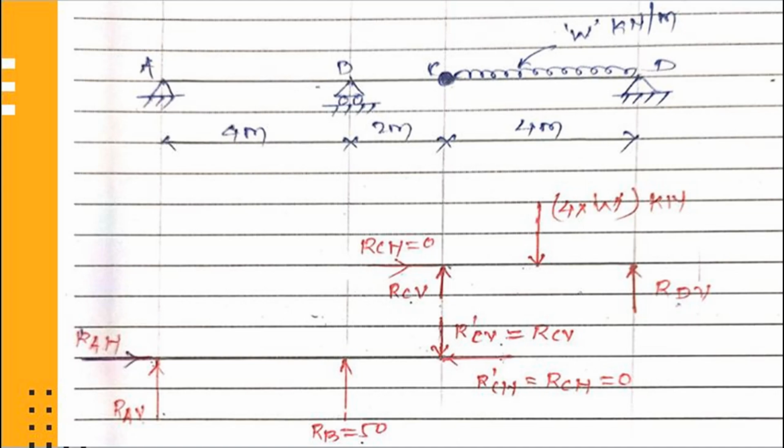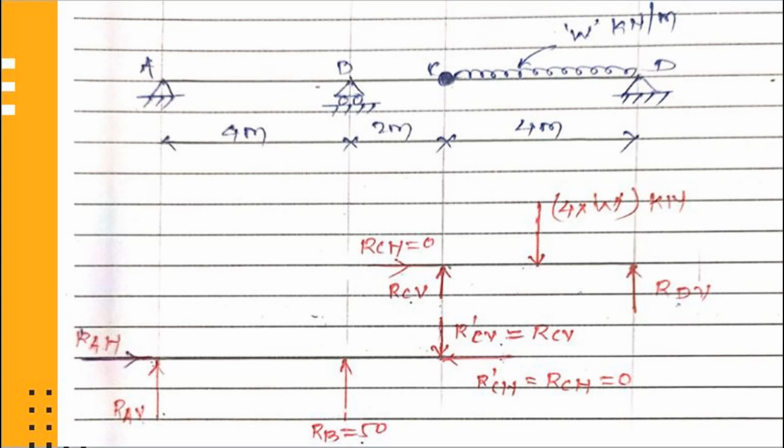Now, when considering beam ABC, we will give reaction first at point B. Reaction at point B, RB, is 50 kilonewton, which is a given quantity. As RCV and RCV dash are equal, and RCH and RCH dash are also equal.